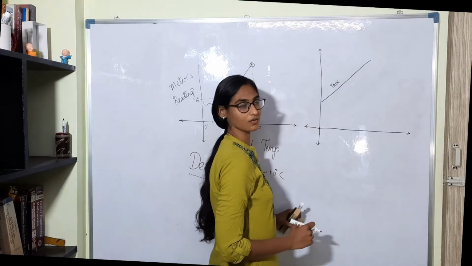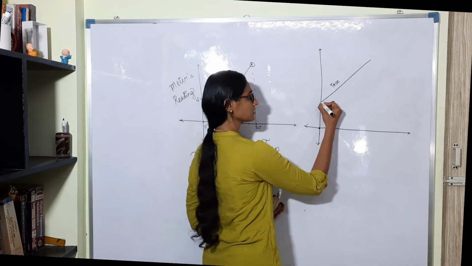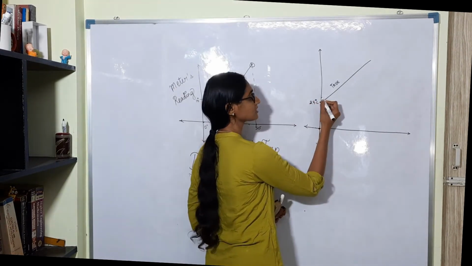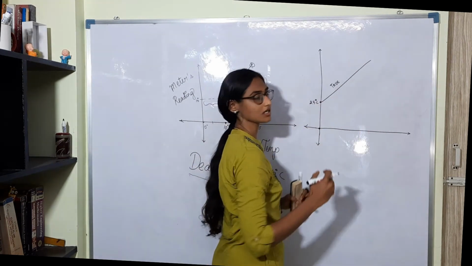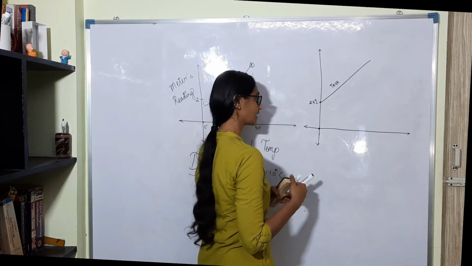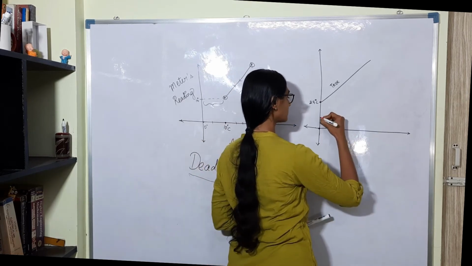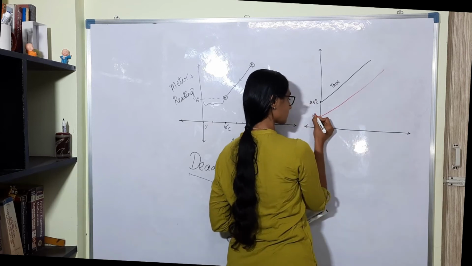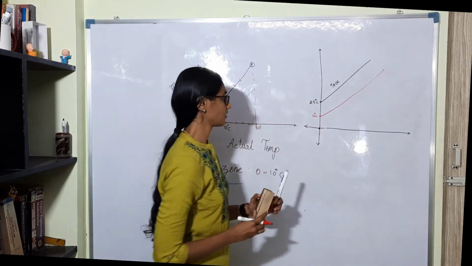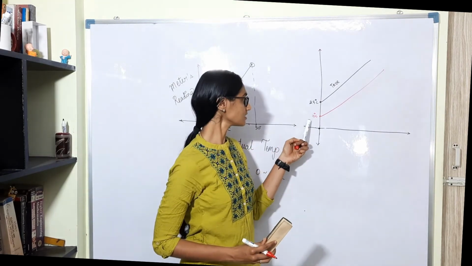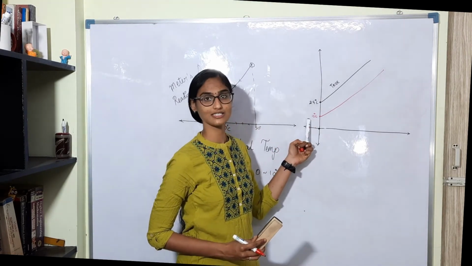Consider this scenario where your temperature is increased from, let us say, 25 degrees Celsius, and it is increased continuously in this range. Okay. This red line is your meter's reading. When the actual temperature is 25 degrees Celsius, your meter is actually showing only 10 degrees Celsius.